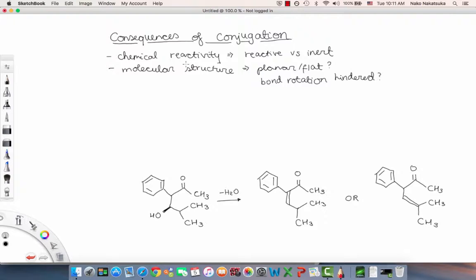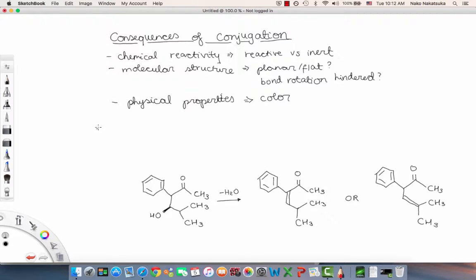The molecular structure also affects the stability. Also, the physical properties of different materials is affected by conjugation. One thing that I'll talk about in this part is going to be color. And there's a lot of other different things that conjugation influences, but these are the three very important things you should know for this course.